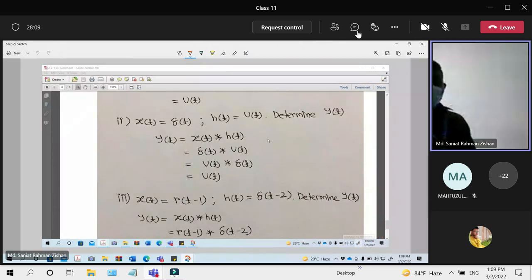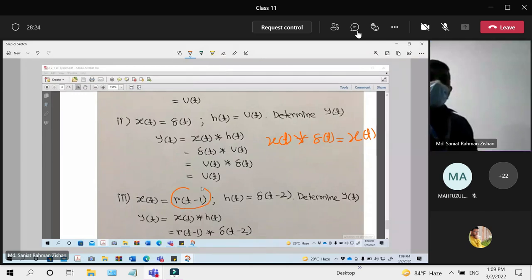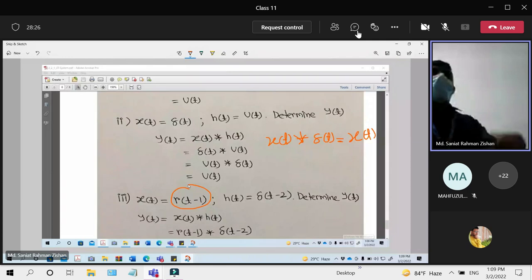In problem number 2, the last one, this was directly like this, x(t) convolution delta(t). But in this case, there is something like x(t minus t naught) or x(t plus t naught), some kind of shifting here. So this is not directly similar to this property.